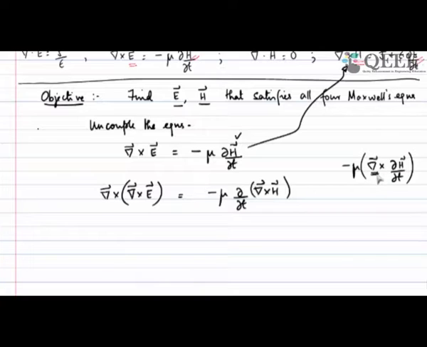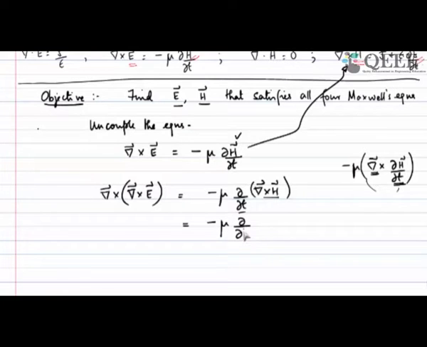Del is a space variation, this is a time variation. These are 2 operators which are operating independently. So I can pull this out, it does not matter whether I take a curl of del H by del t or I take a curl and then differentiate it. The order is immaterial.